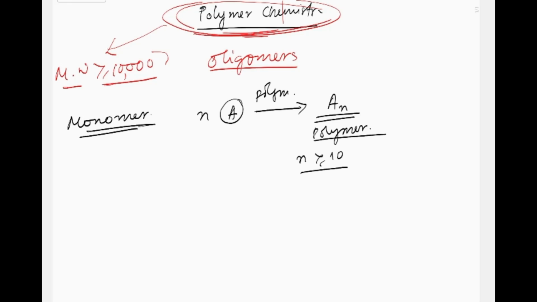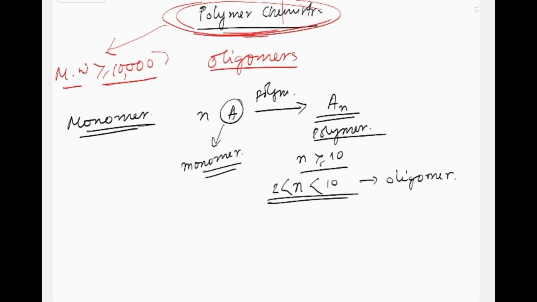But if the n value is greater than 2 but less than 10, then these are called oligomers. This is another classification of oligomer. Now this A is termed as monomer.